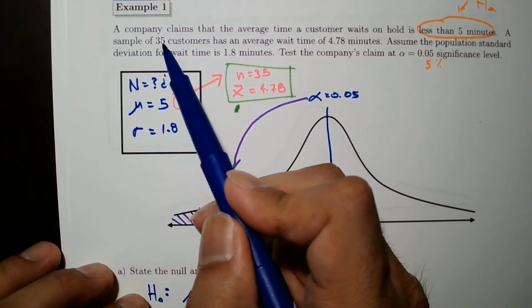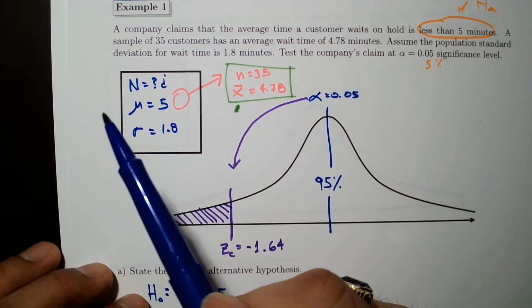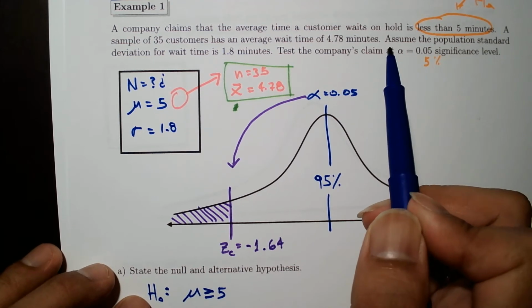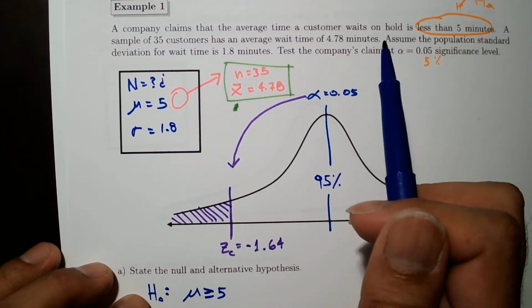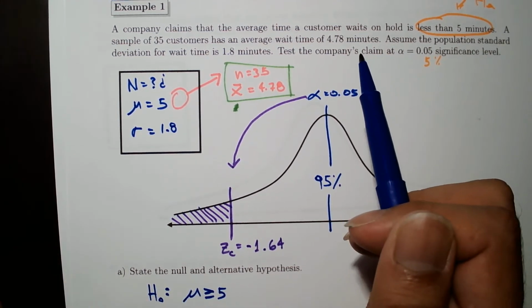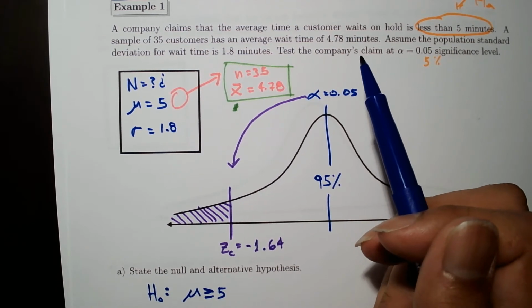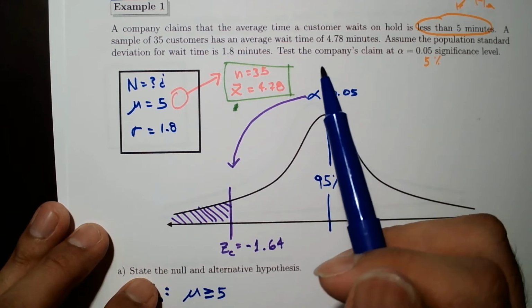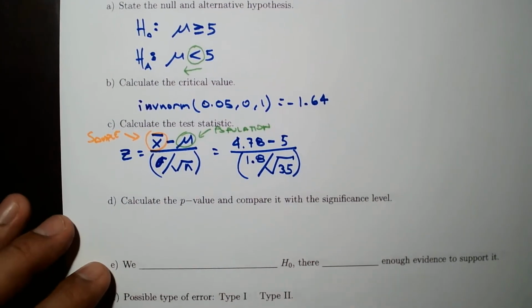Otherwise, if the sample size were smaller than 30, then the problem must state that the population is normally distributed. In some other examples, they're going to state both of them. So in this case, we're good.